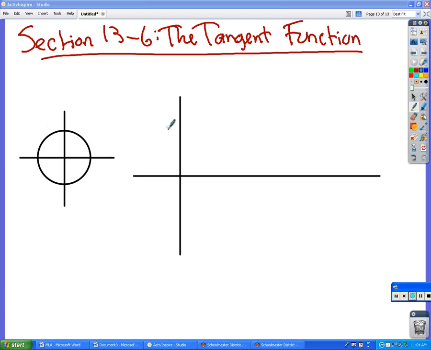Okay, all right, so what we're going to do now is take a look at the tangent function. We started out this chapter looking at the sine function, and then we looked at the cosine function in the last section. Now we're going to look at the tangent function. The tangent function is not your friend. It has a very strange looking graph.